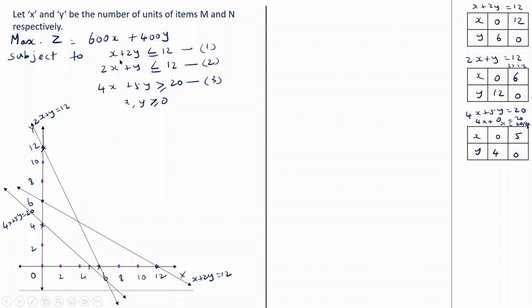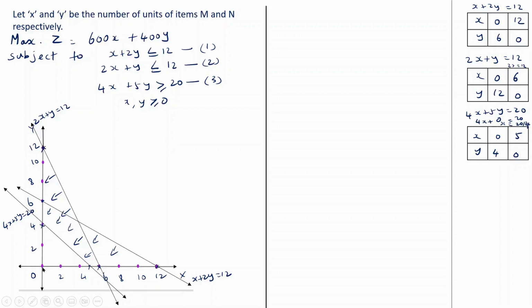Now if we see the first constraint, it is x plus 2y less than or equal to 12. It is towards the origin because the origin satisfies this inequality. So it is this part. And next we have the next constraint, 2x plus y less than or equal to 12. It is again towards the origin. So it is this part. Next we have the next constraint, 4x plus 5y greater than or equal to 20.